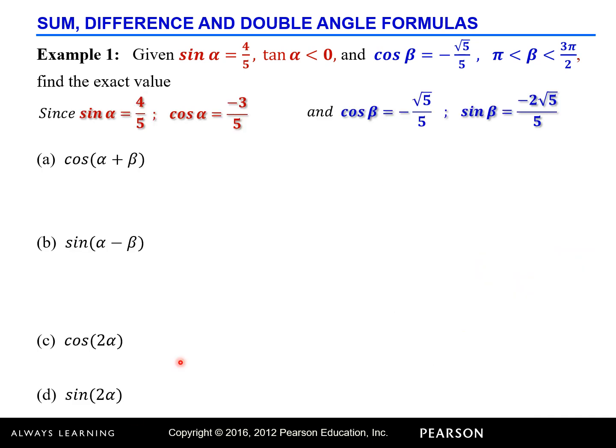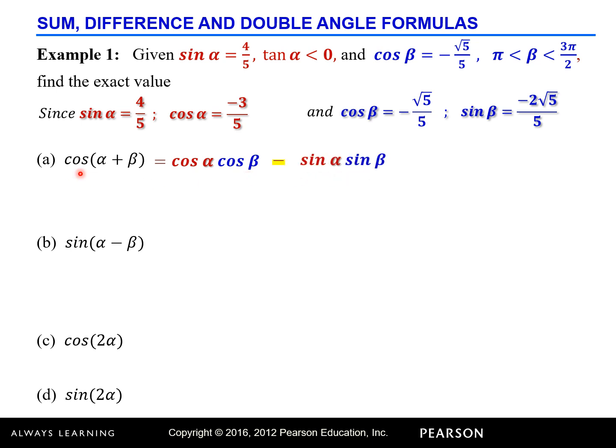Now to continue, since we have the given sine alpha and we found cosine alpha, and given cosine beta, we found sine beta, we can now find the following trigonometric expressions. The first one is the sum formula for cosine. We'll be using cos alpha cos beta minus sine alpha sine beta.